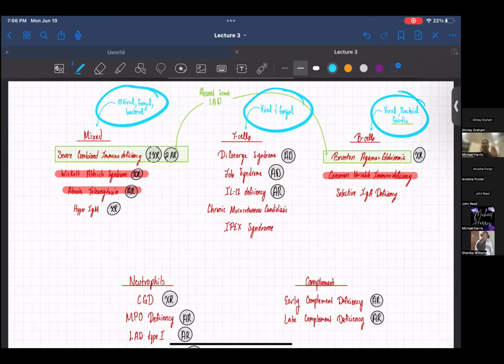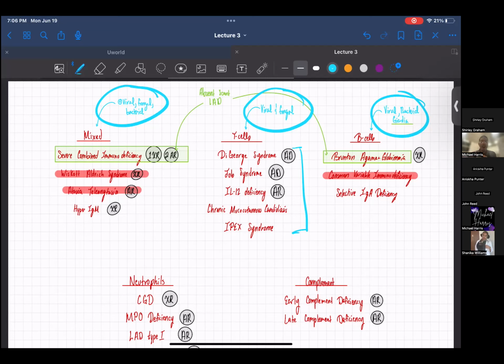And when I say things like, oh, this is a viral, fungal, no parasites, no bacterial infections, and I ask you guys what diagnoses this can be, I want you guys to be able to tell me these names. You don't have to memorize what they do yet, but at least have an idea of what diagnoses it can be. Okay? Then you can expand more on it by reading up on what each syndrome is.